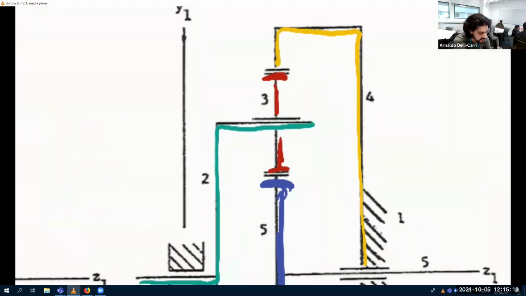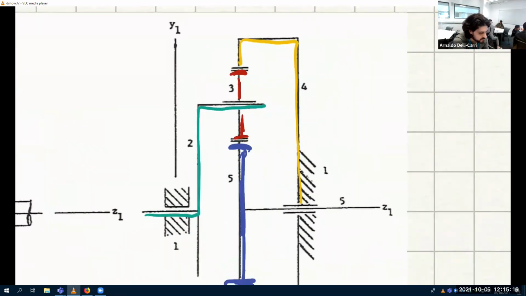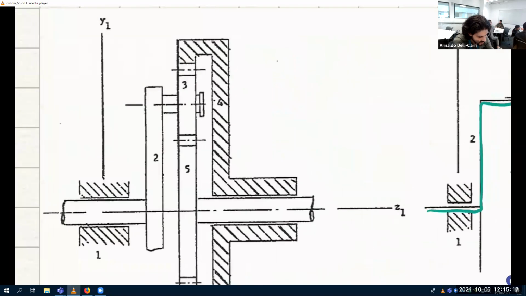So let's write the teeth equation. What's the relationship? Well, let's start from here. This is the baseline always, the center of the mechanism. If I go up by R5, the radius of 5 gets me here.